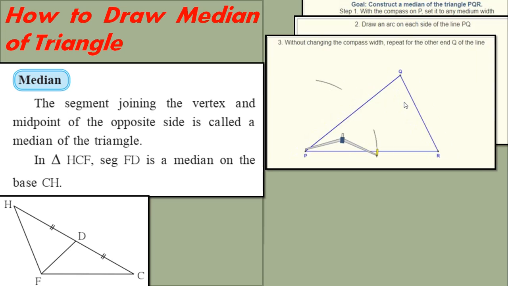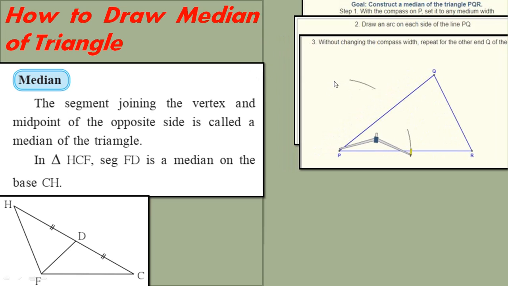So draw the arc on the opposite side too, this will reduce your time. So draw arcs on the upper side and downward side of PQ.